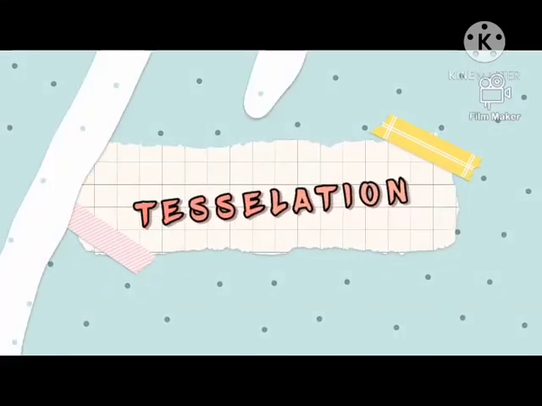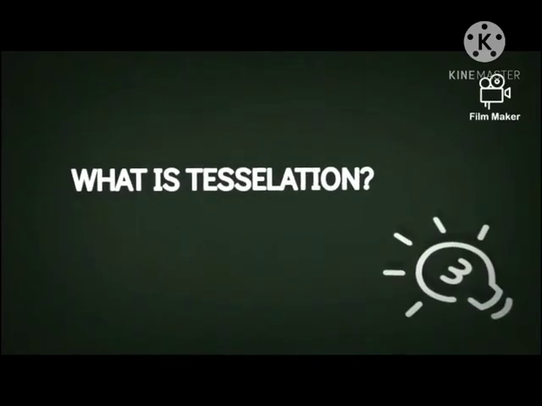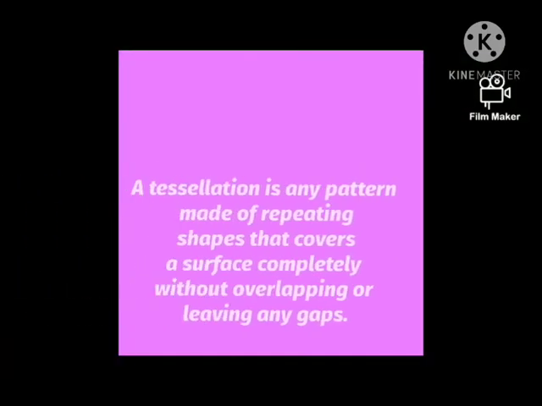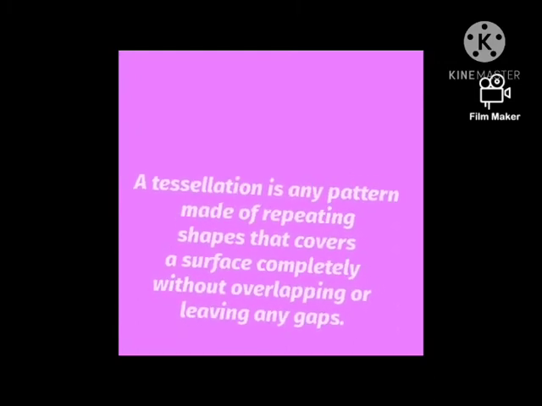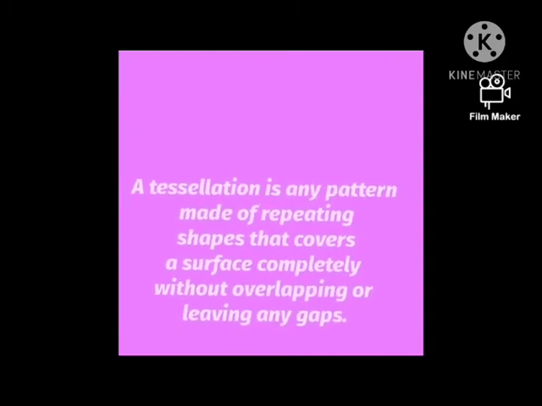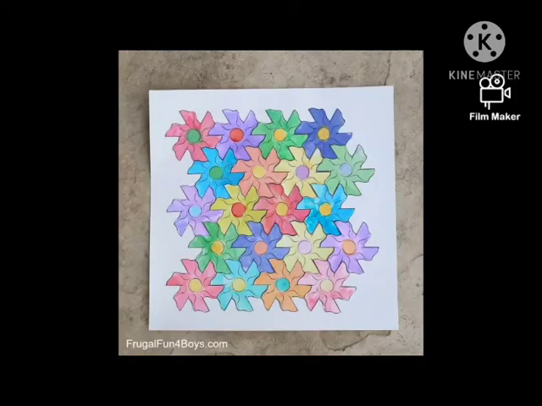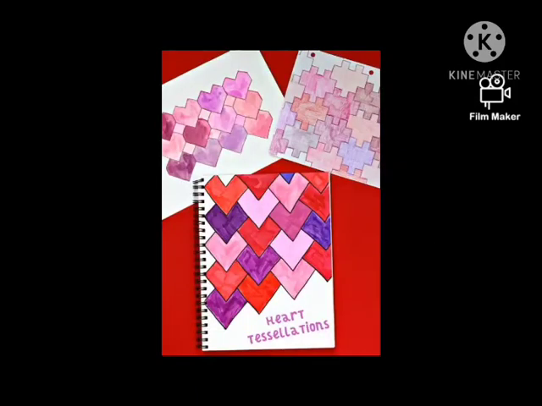Tessellation. What is tessellation? A tessellation is any pattern made of repeating shapes that covers a surface completely without overlapping or leaving any gaps. All the shapes are being arranged in a special manner to get the patterns.